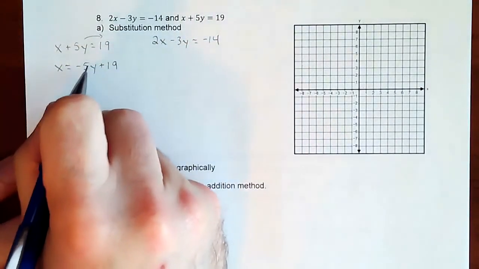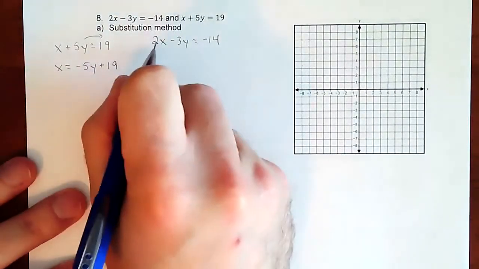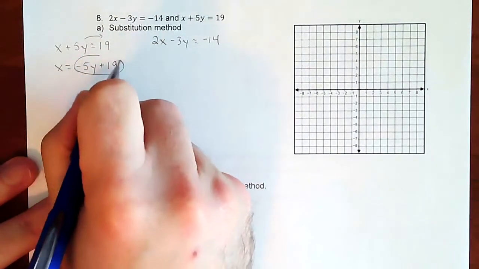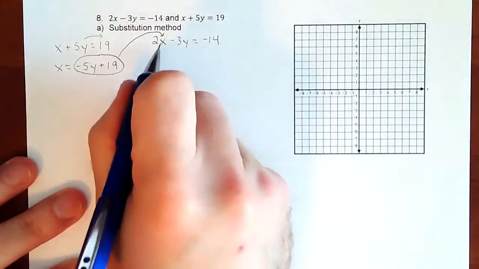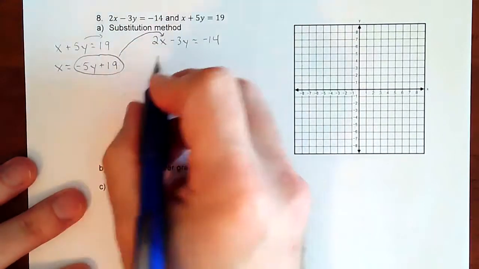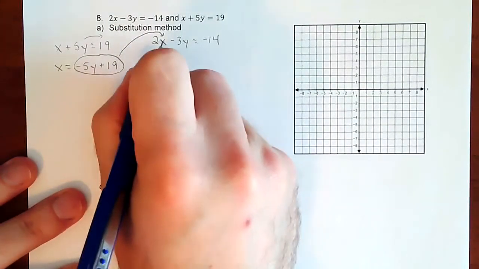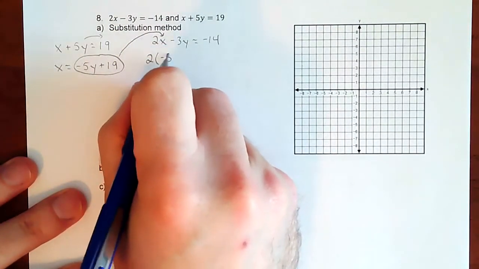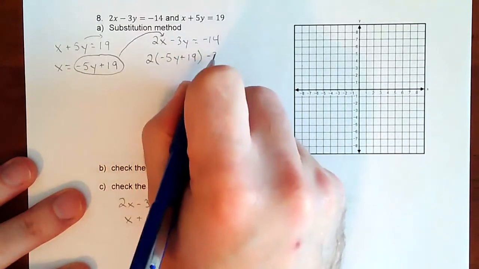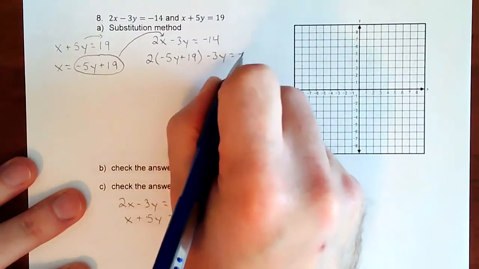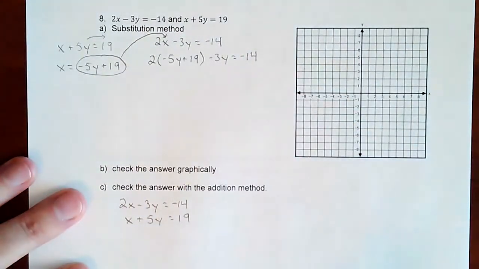If we know that x equals negative 5y plus 19, that means this x also equals negative 5y plus 19. So we'll sub out the x with negative 5y plus 19, and minus 3y equals negative 14.